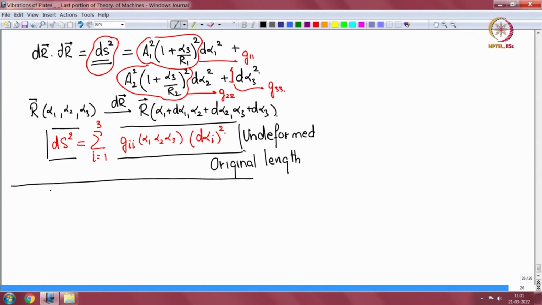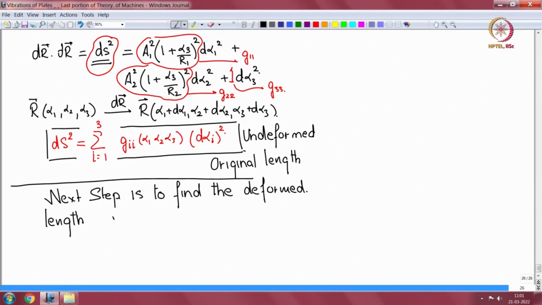The next step is to find the deformed length. We will call it ds dash whole squared. Okay.